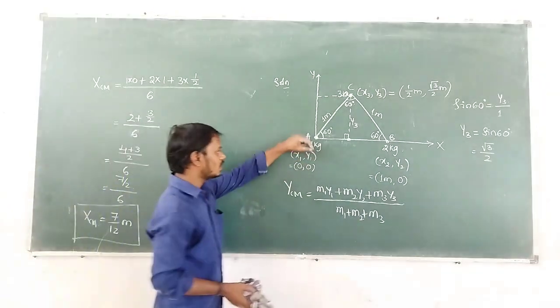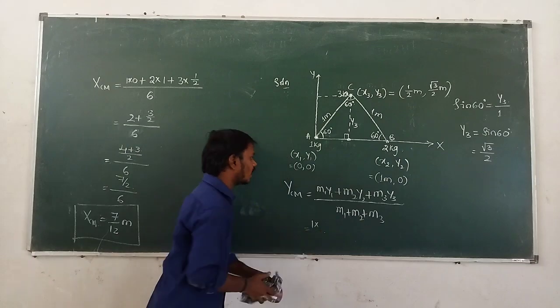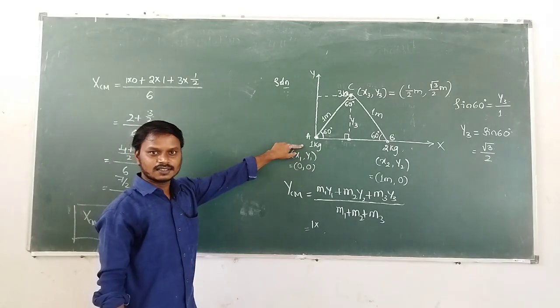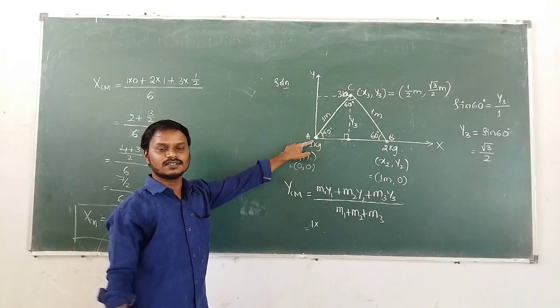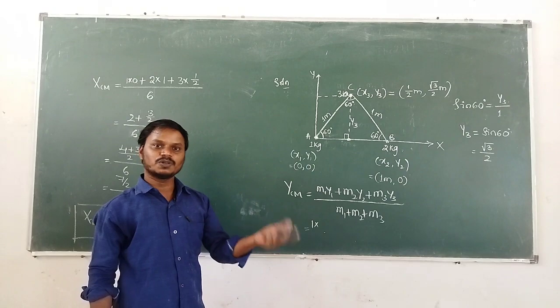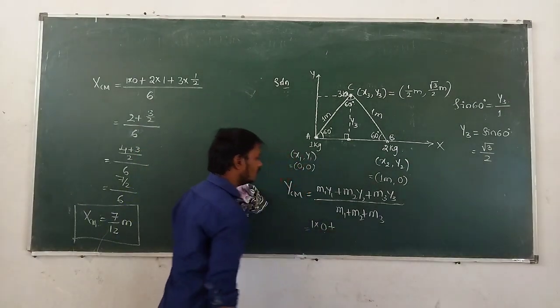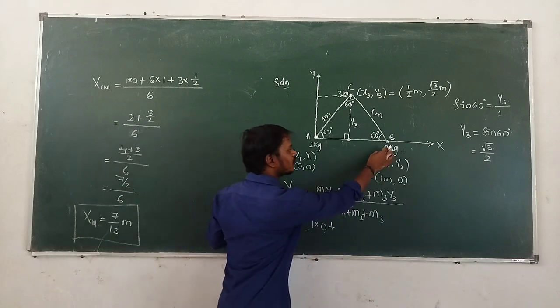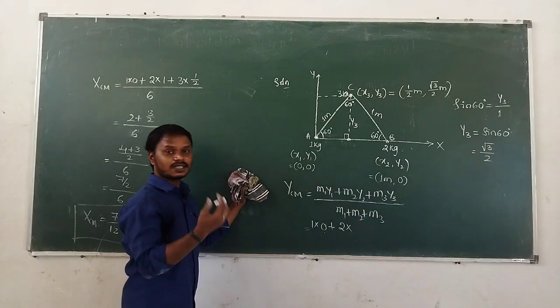What about m1? m1 is 1. Mass of the first object is 1 kg and y1 is 0, because the 1 kg is at the origin. When the 1 kg is at the origin, its x coordinate and y coordinate both are 0. Then what about m2? m2 is 2.